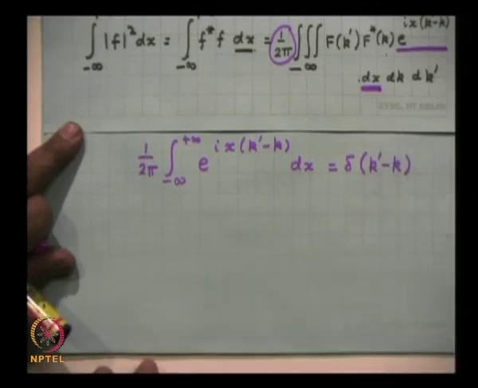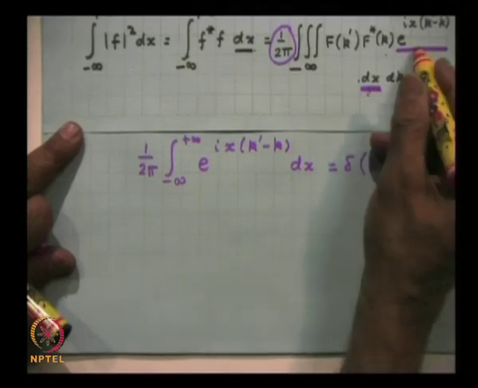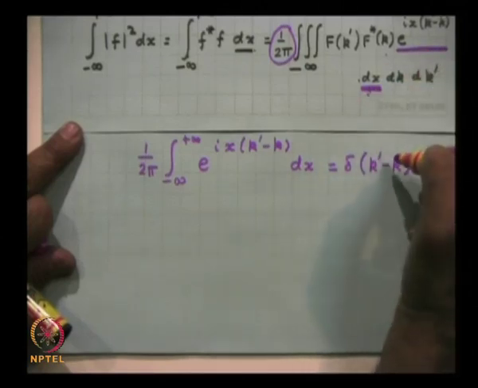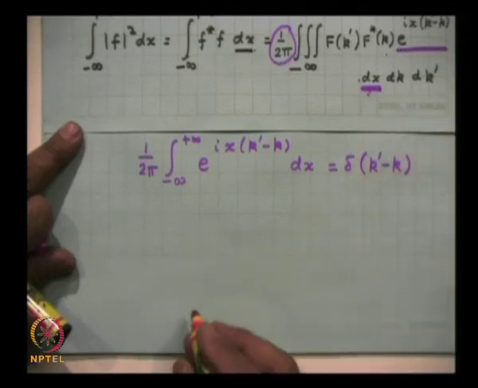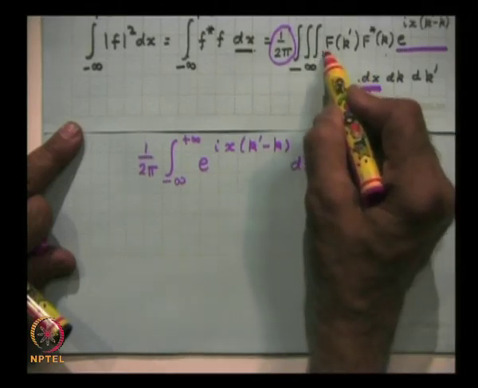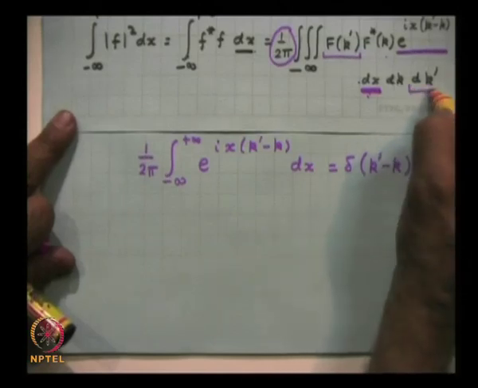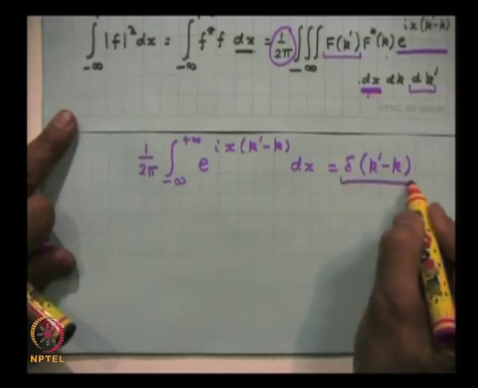So, I have carried out one integration over x, and now I carry out the integration over k prime. I collect all the terms which involve k prime, which is f of k prime, dk prime, and delta of k minus k prime.